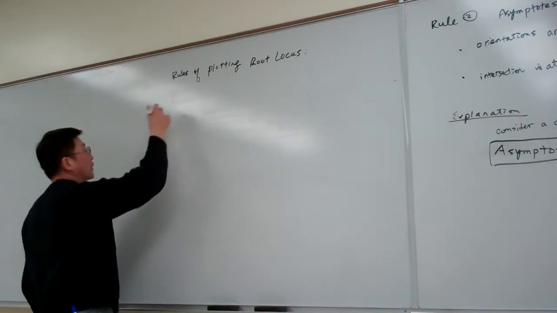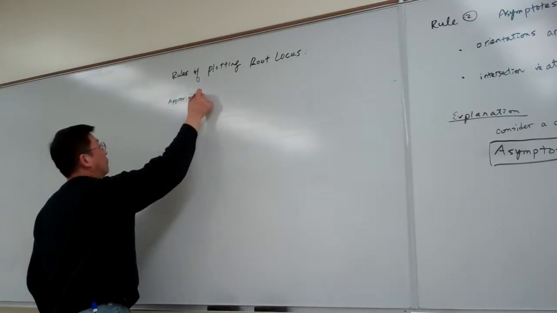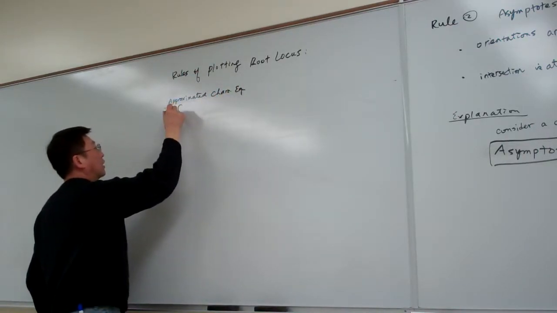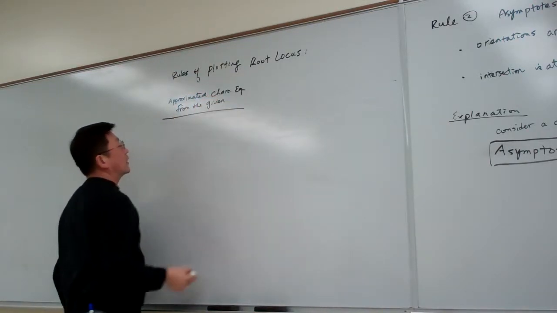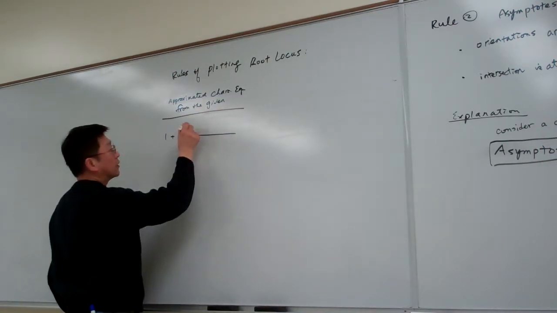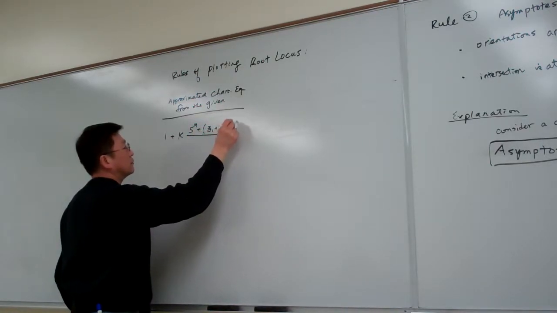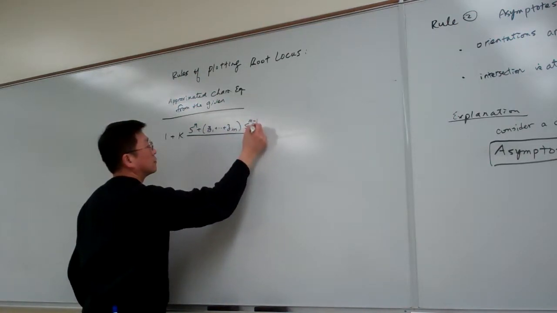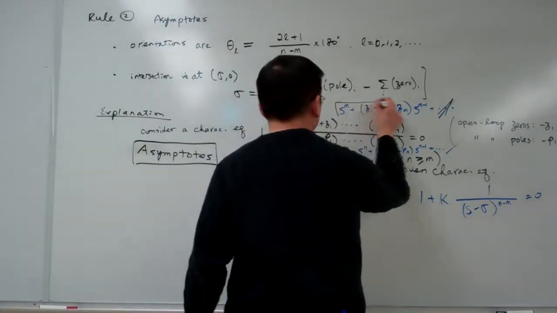The approximated characteristic equation from the given one: let me copy here, 1 plus K times (s^m plus (z1 plus ... plus zm) s^(m-1)). Basically I have ignored the lower order terms and simply picked up the first two terms.